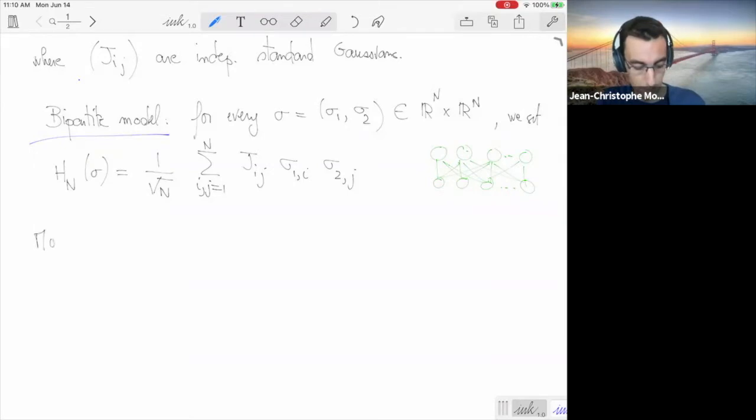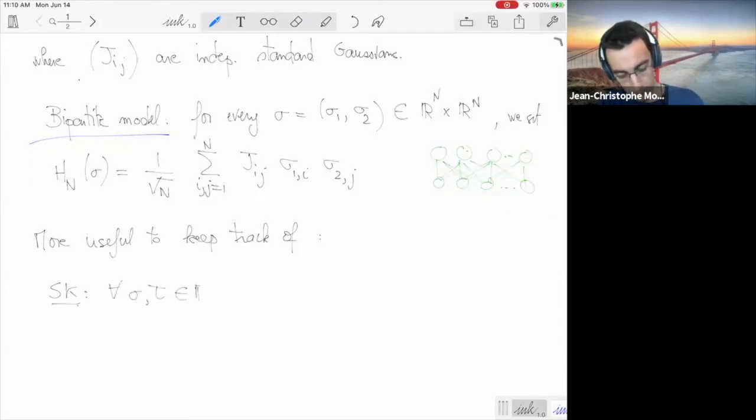So what are the covariance functions? For SK, what I mean is that if you take two configurations, what do you get when you compute the correlation between this energy function at two different points?